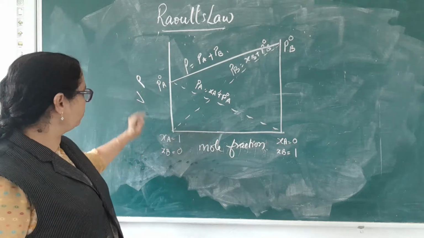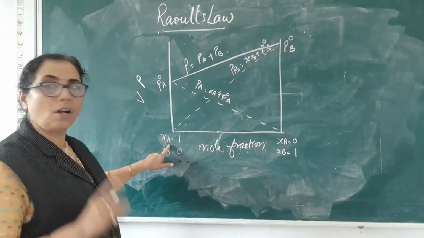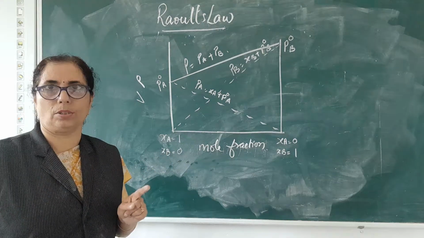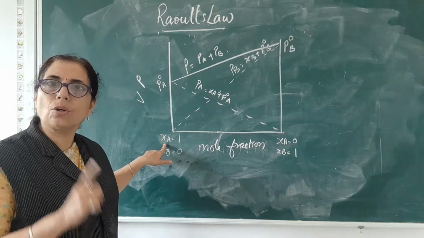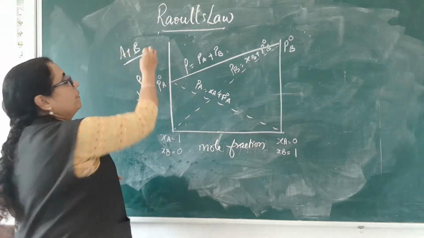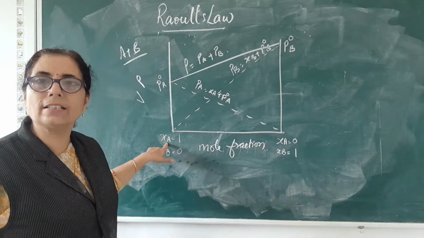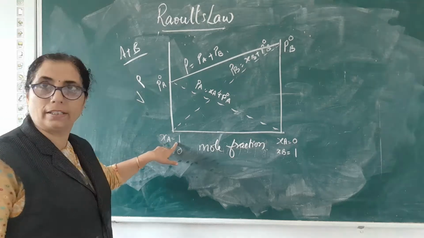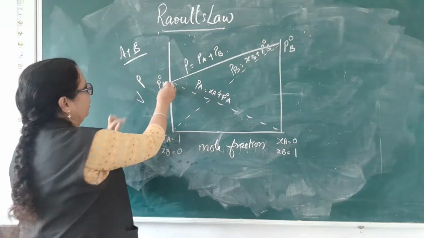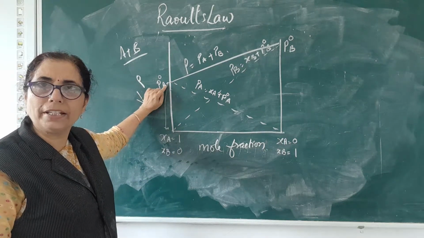Here in this graph, at the initial stage, out of the two components A and B, we are talking about the pressure exerted by one component, where the mole fraction of A, XA, is 1. So, the pressure exerted, you can see, is given somewhere up here. The pressure exerted by this component will be shown by this point.